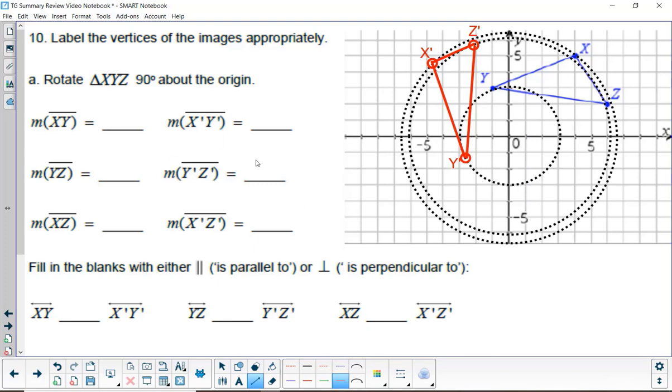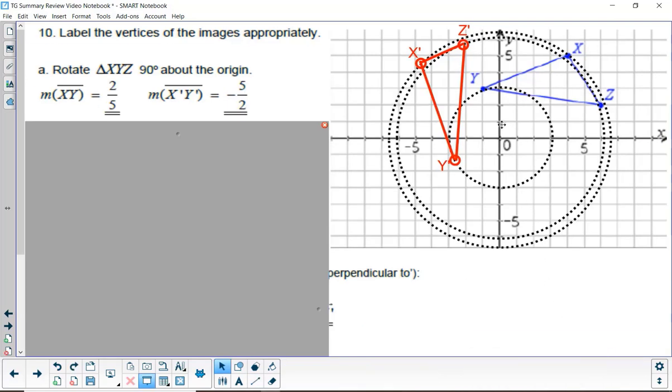We can actually figure out these slopes by looking at the drawing and also knowing about opposite reciprocals. So XY looks like it goes up 1, 2, and over 1, 2, 3, 4, 5. So the slope seems to be 2/5 here, making this -5/2. Segment YZ has a slope of down 1 and over 7, so -1/7.